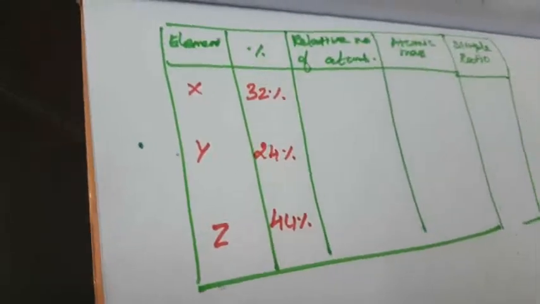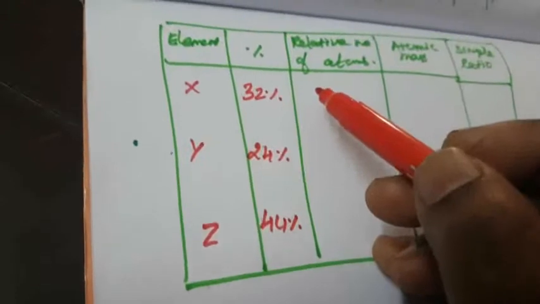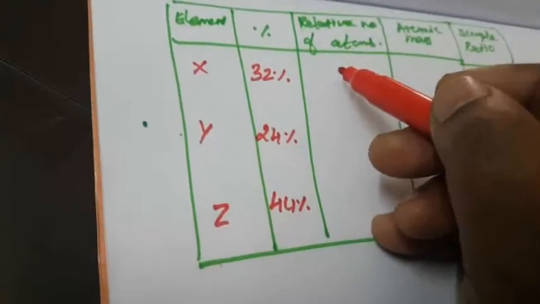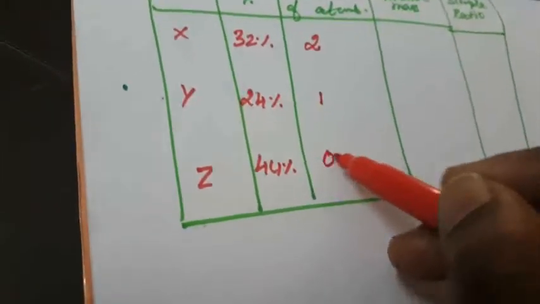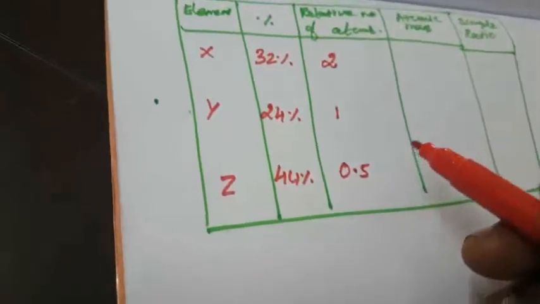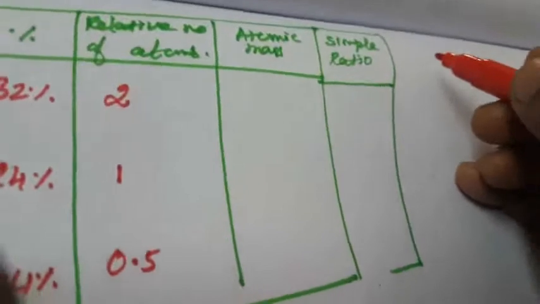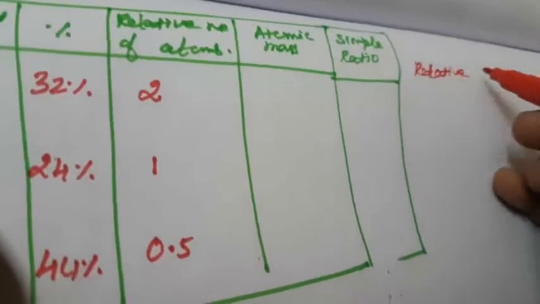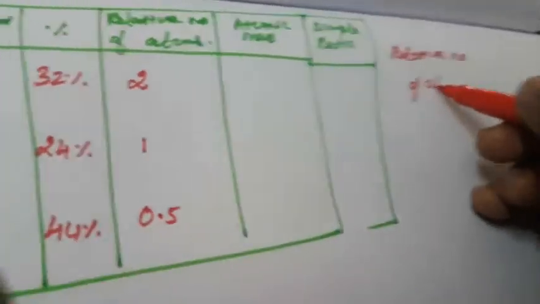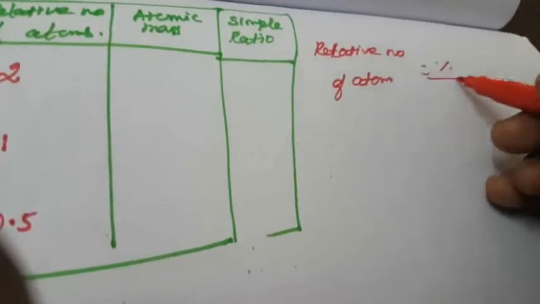The relative numbers of atoms are already given: 2, 1 and 0.5. How to calculate from this? We studied the relative number of atoms previously. The formula is relative number of atoms equals percentage divided by atomic mass.